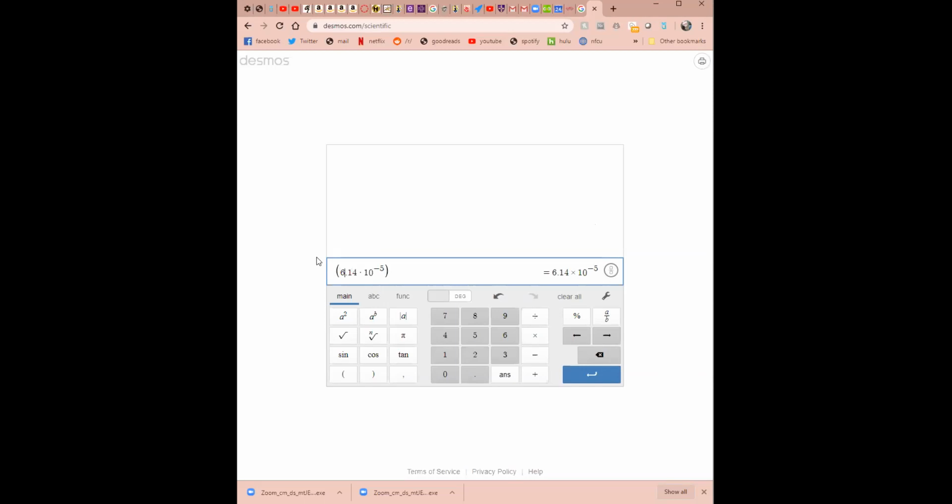Negative b, and we're going to start with plus the square root of 6.14 times 10 to the negative 5th squared, and then minus 4 times 1 times negative 8.51 times 10 to the negative 10.